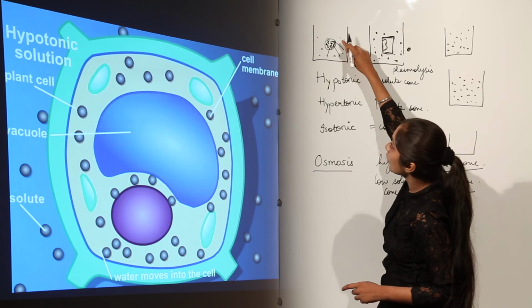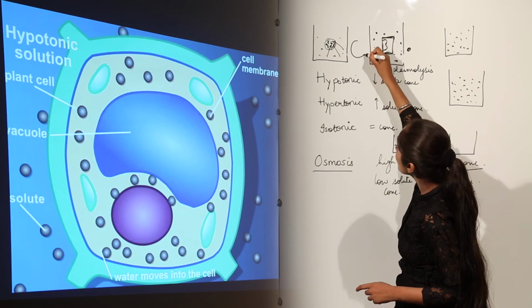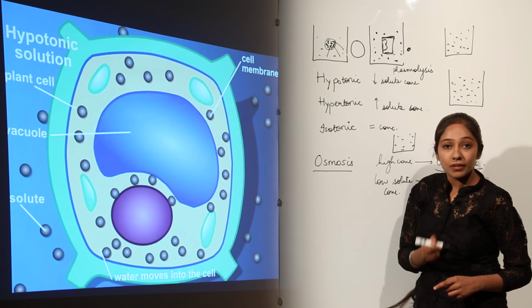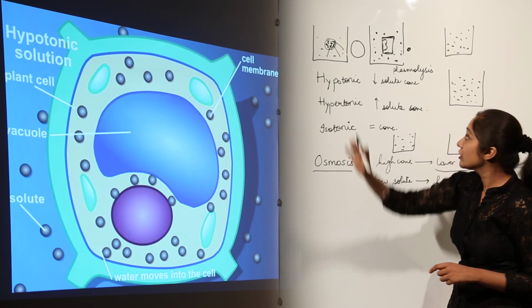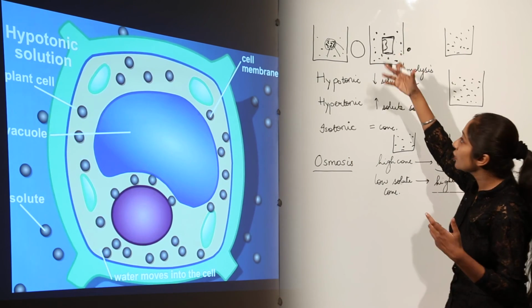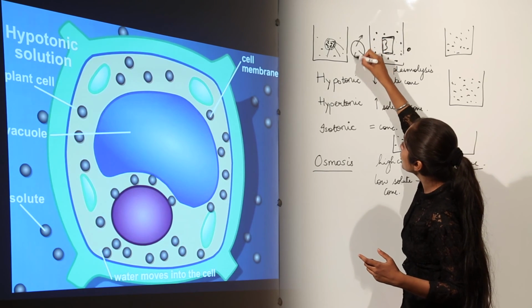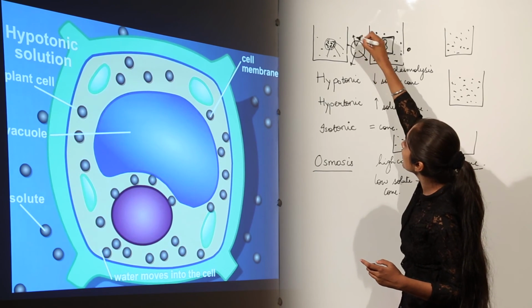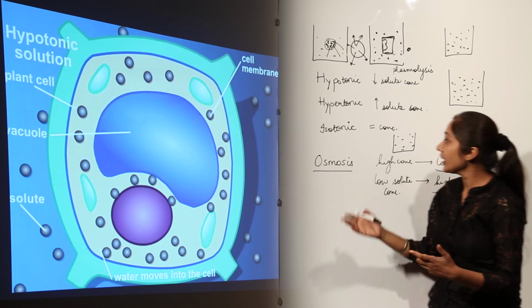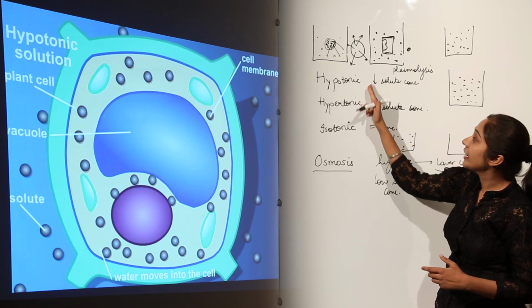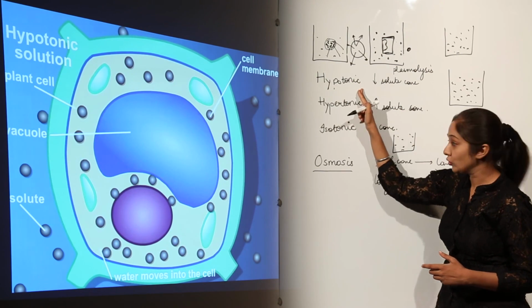The cell will swell up, and red blood cells do not have the cell wall we have in plant cells, so they are going to burst. This eventually leads to the death of the cell.